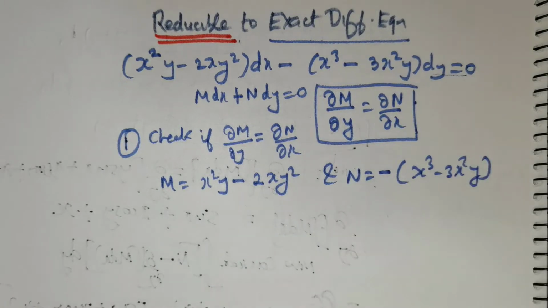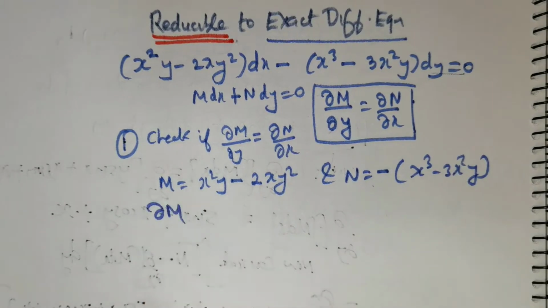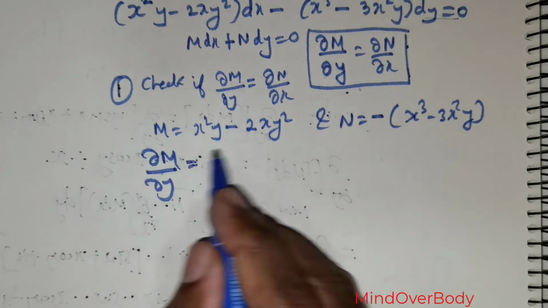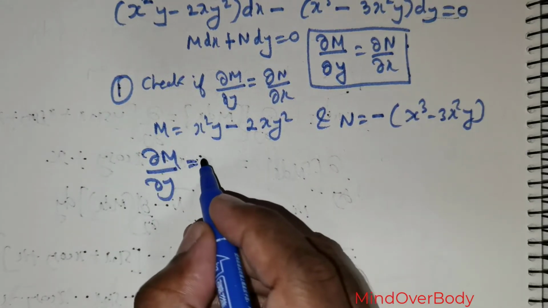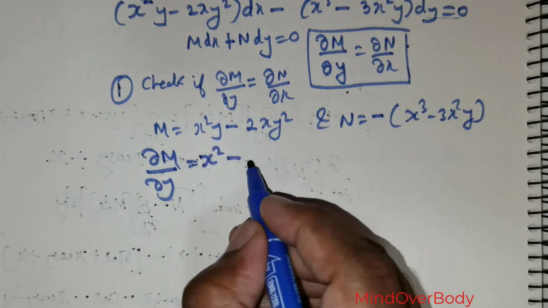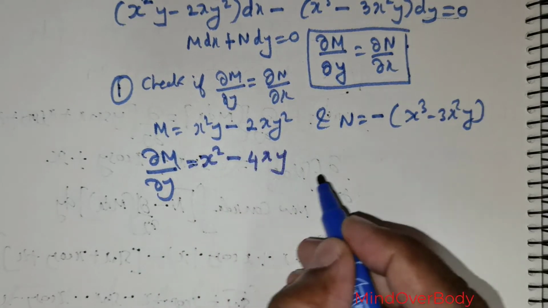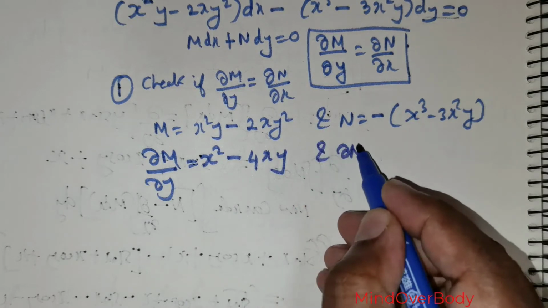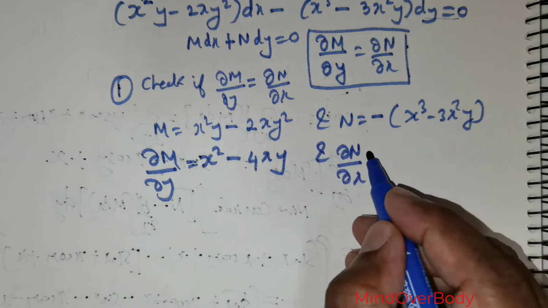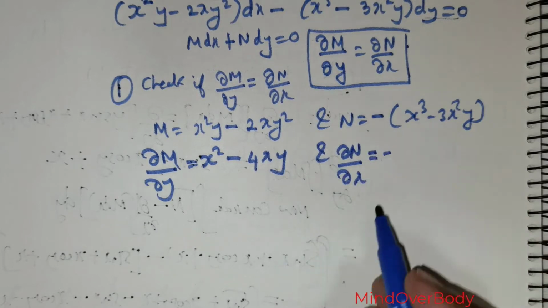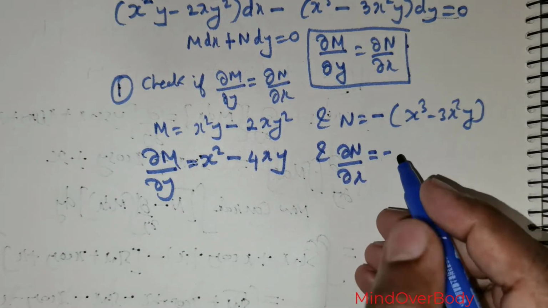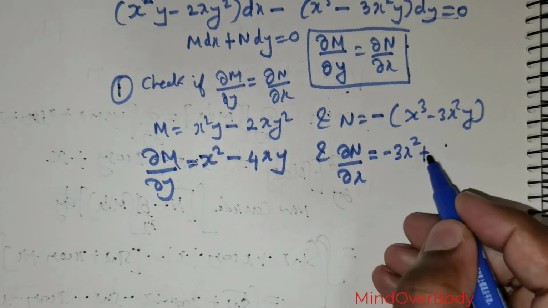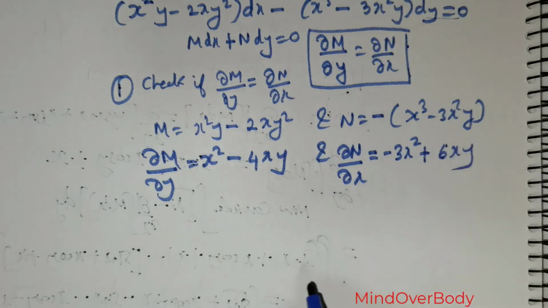So this is my N. Now we will find dou M over dou y, differentiating this partially. This is going to give me x squared, and this is going to give me 4 times x y. Coming to N, it's dou N over dou x, so I'm going to differentiate this. This is going to give me 3 times x squared, and this is going to give me positive 6 x y.